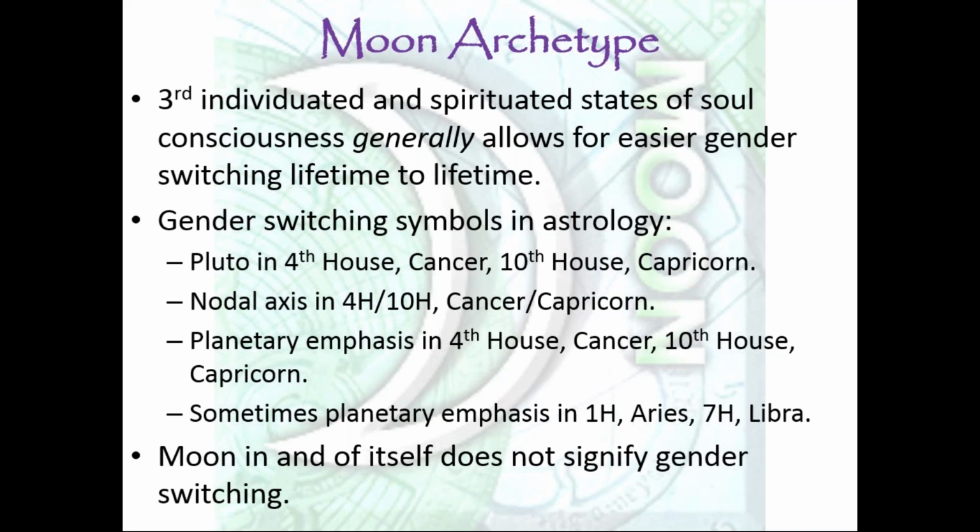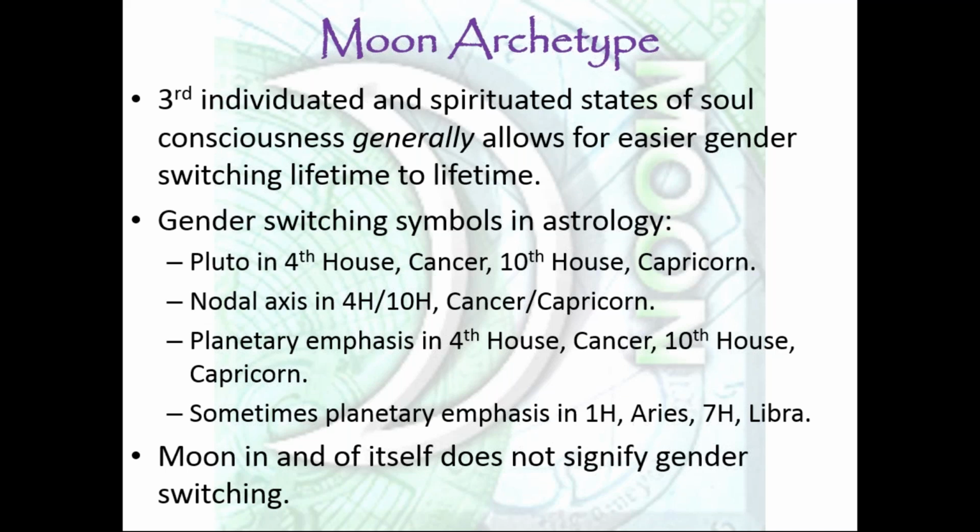I've even come to add on, when there's a planetary emphasis, if somebody has 5 planets in the 4th house, you would start to go, let's just explore, let's interact, questions and answers to see if there perhaps have been some gender switching.